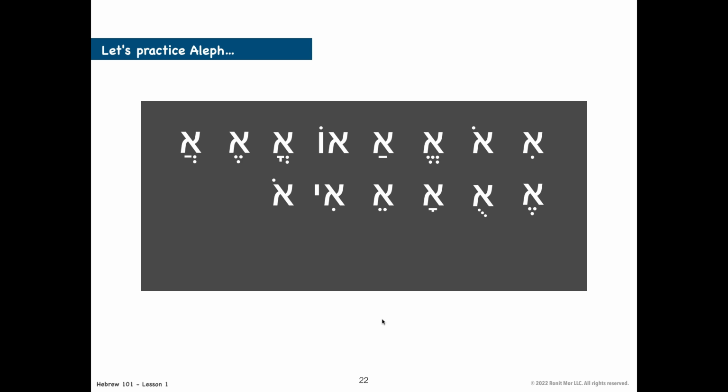What is this one? O. Yes. This one? So this one is Vav with a dot in the middle. It's exactly like the slope one. So what is the sound of this?